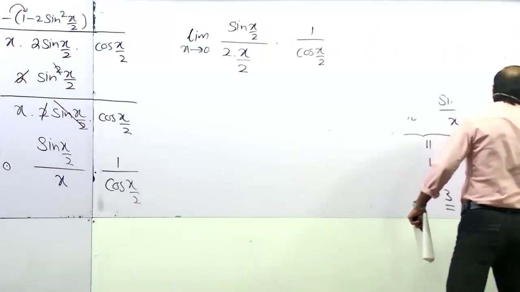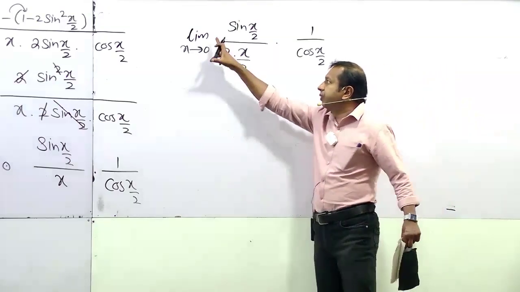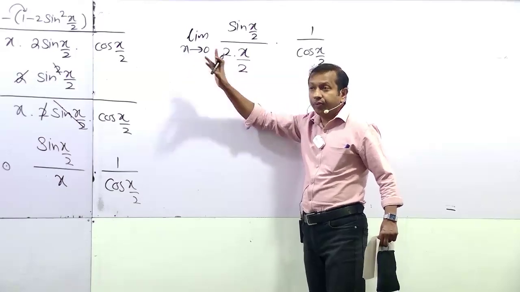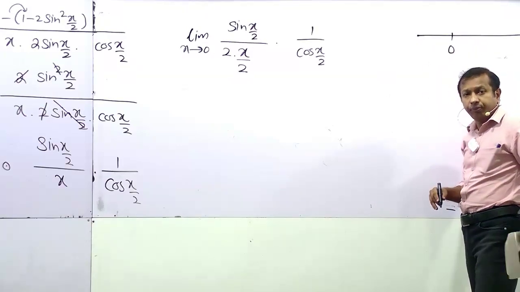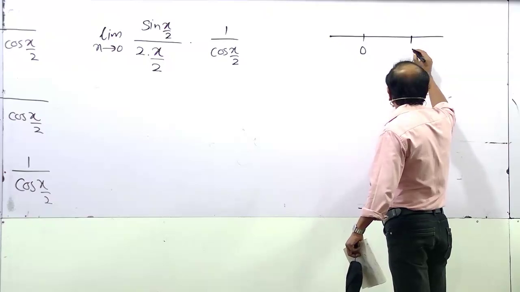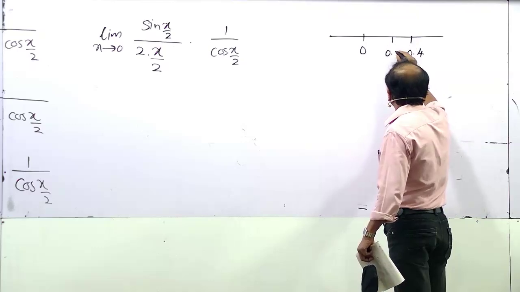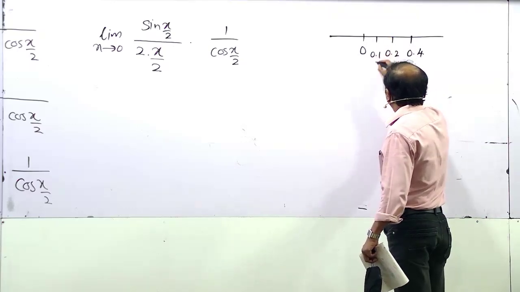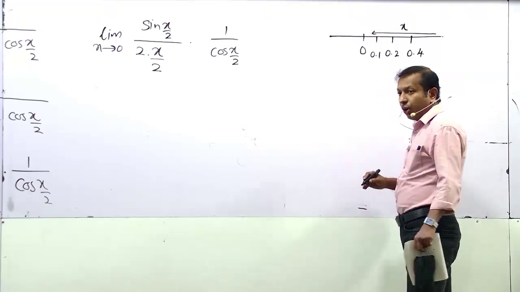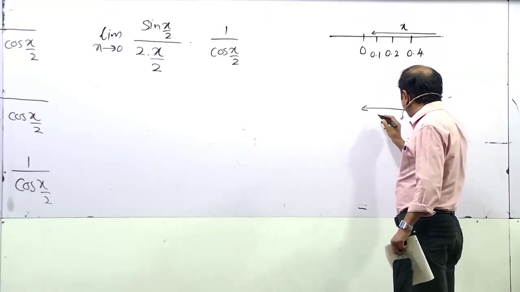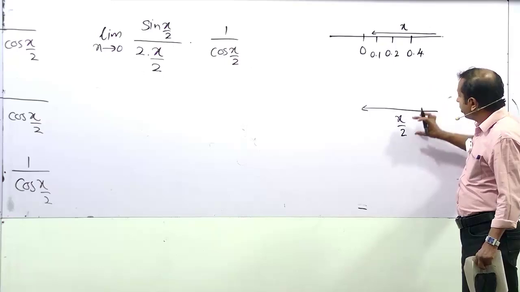Take here this. Under this limit, we are given x going to 0, no? I'll take some values for x. On the number line, we have 0. I take x as 0.4, next one x as 0.2, next one 0.1. These are the x values. Now I am going to find x by 2 values, which means we divide these x values by 2.